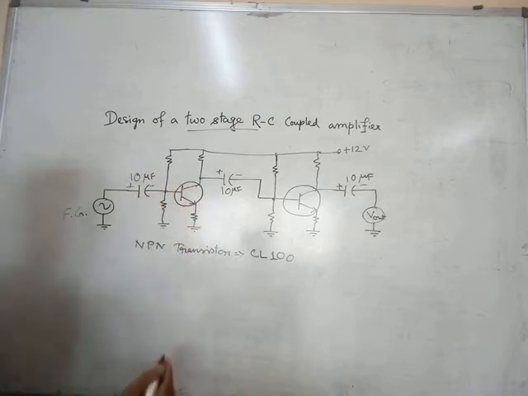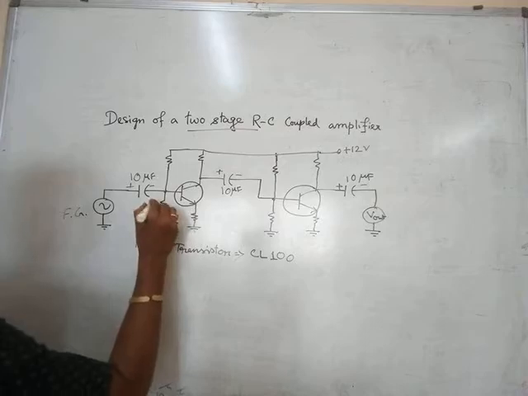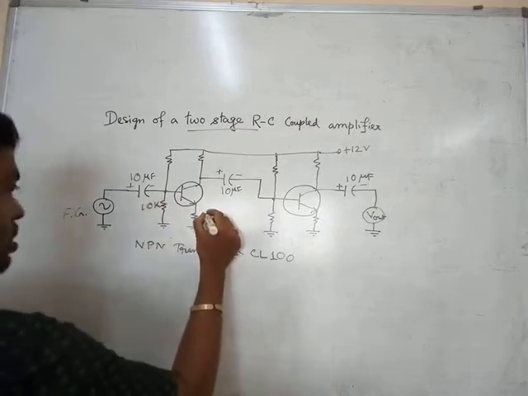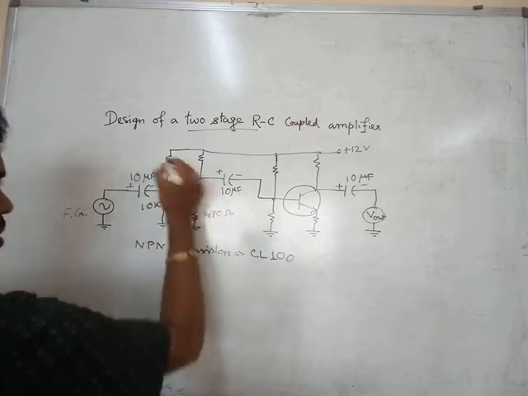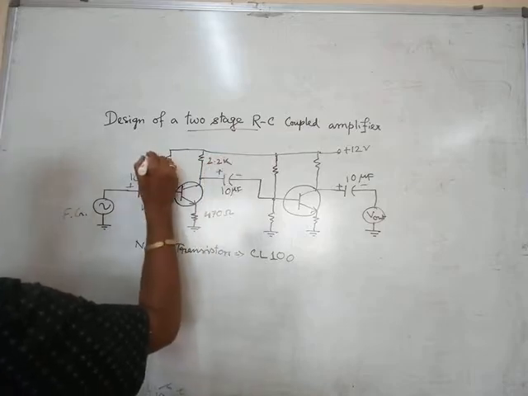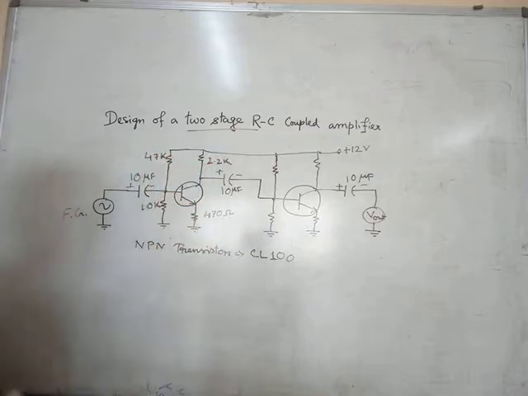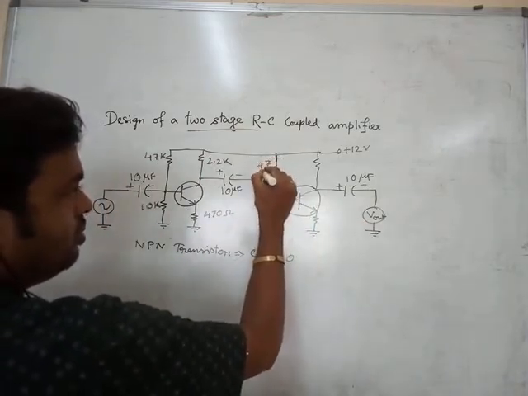There are four resistors. You can see the value is 10K. This is 470 ohm. This is 2.2K and this is 47K. Same value of resistor also connected here. So it is 47K.